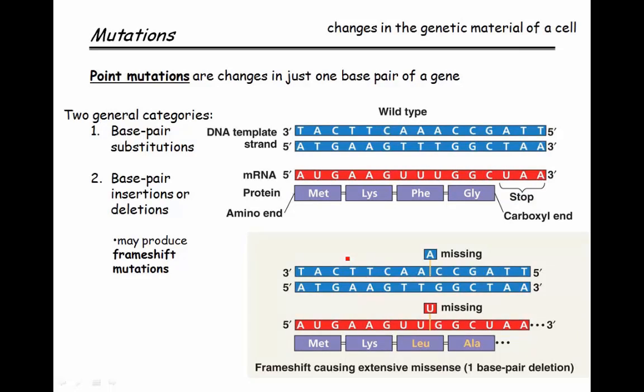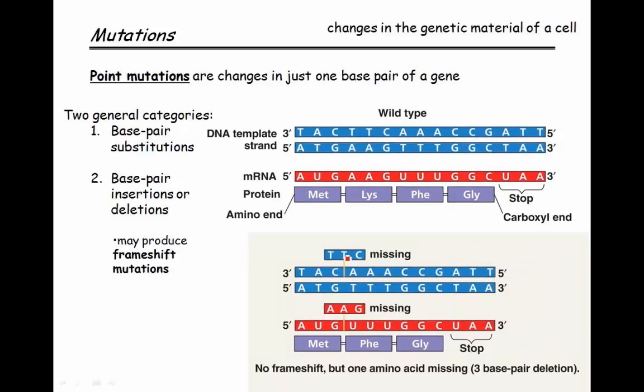So this would be an example of what we call a deletion that causes frame shift, that causes extensive missense, because it's the missense of many amino acids. That is probably going to be quite bad for a particular cell, because now, although the protein may be quite lengthy, maybe the majority of the protein is not anything like the sequence of amino acids that it should have been. So it's probably not going to function properly.